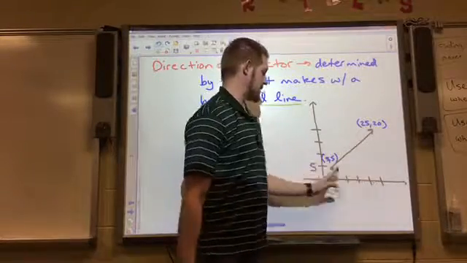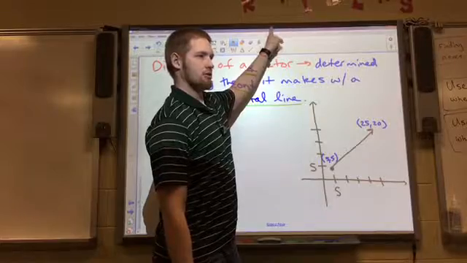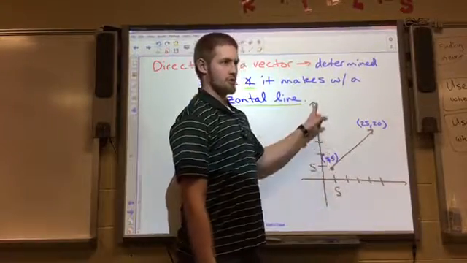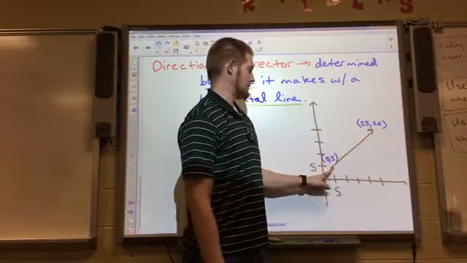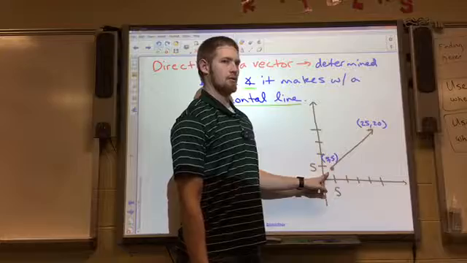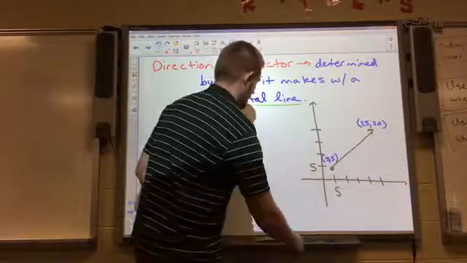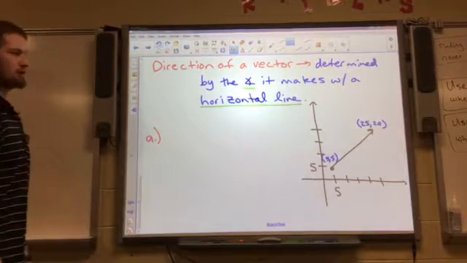Because both of these are in miles per hour. When I found magnitude up here, it was in units, right? Because both of these labels were in units. Now it's in miles per hour, so if I found the magnitude, the label would be miles per hour.